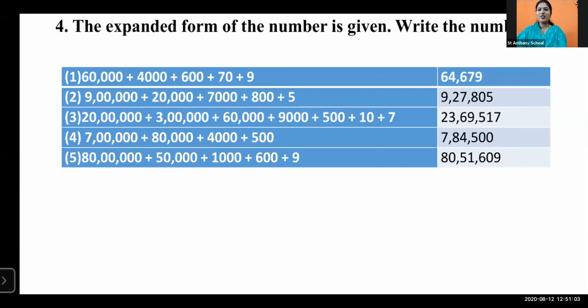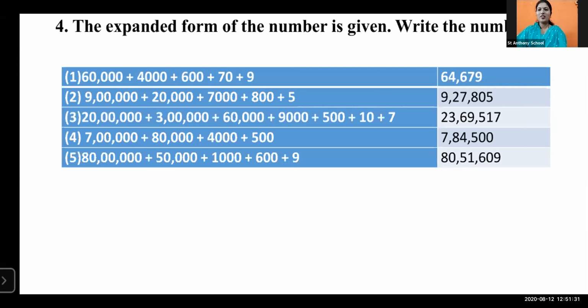Now the first number has 6 zeros and one number, that is 2. It is a 7 digit number. 20 lakhs is a 7 digit number, so our answer should also be a 7 digit number only.